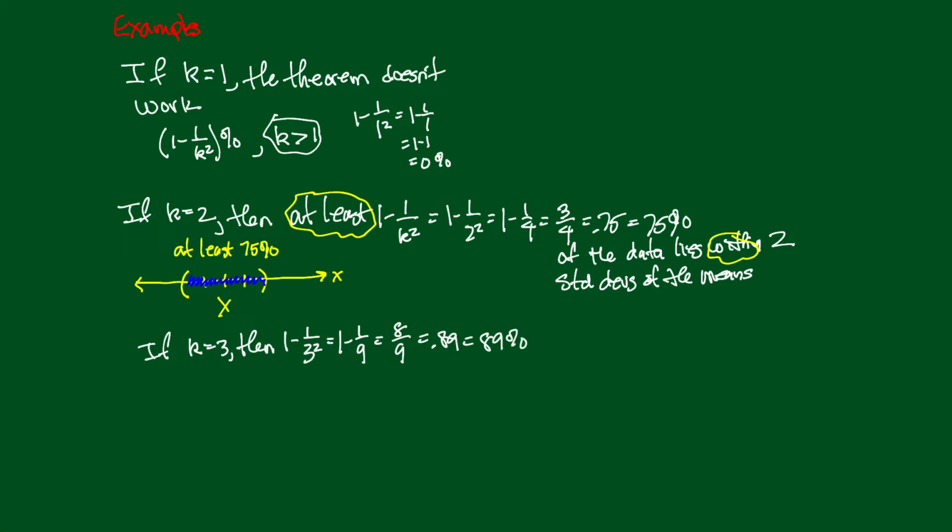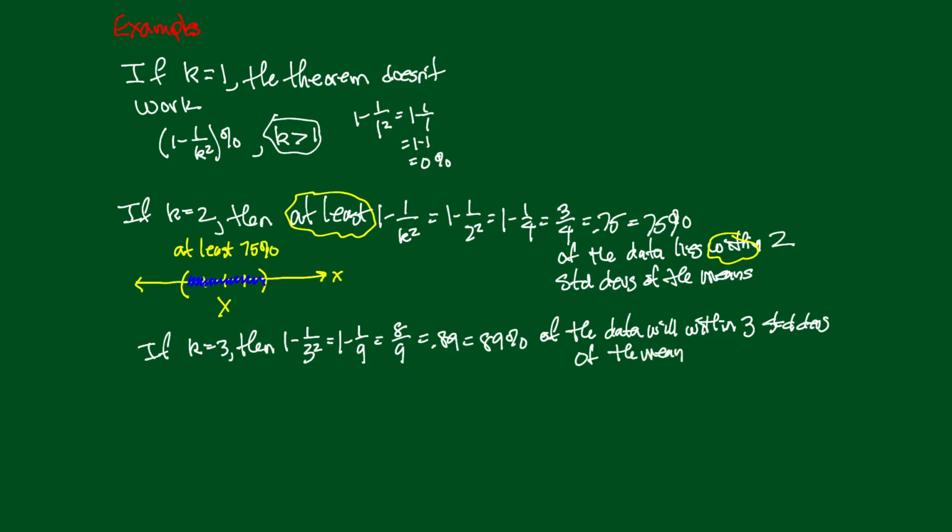So that says 89% of the data, of all your values, will lie within 3 standard deviations of the mean.